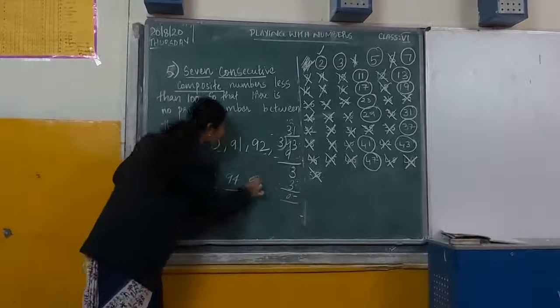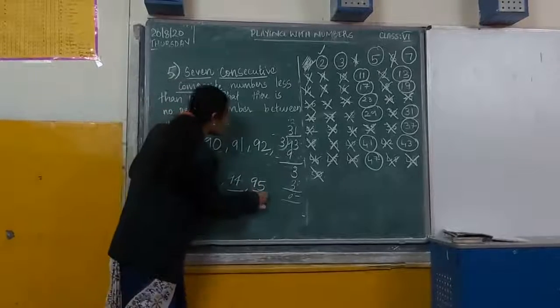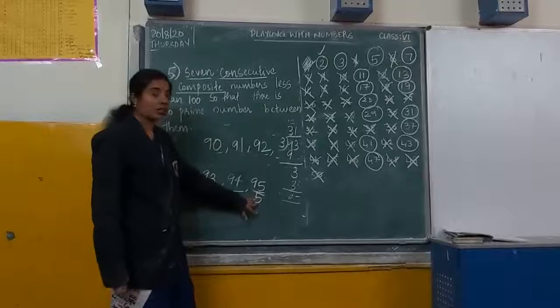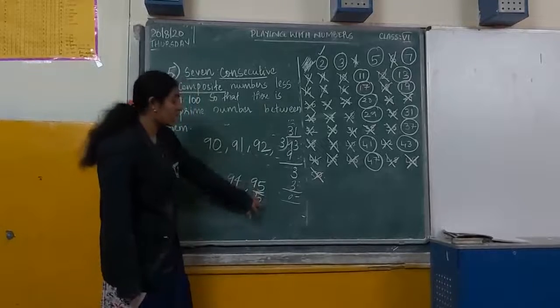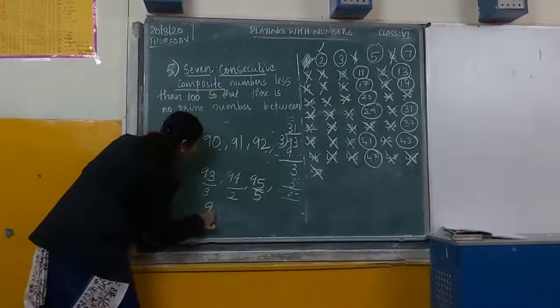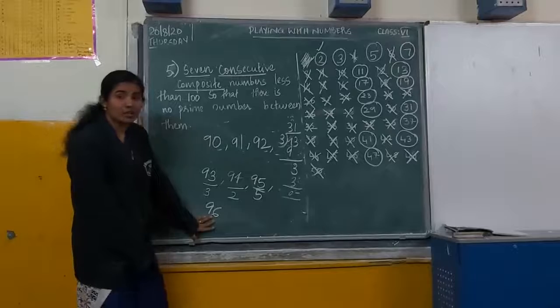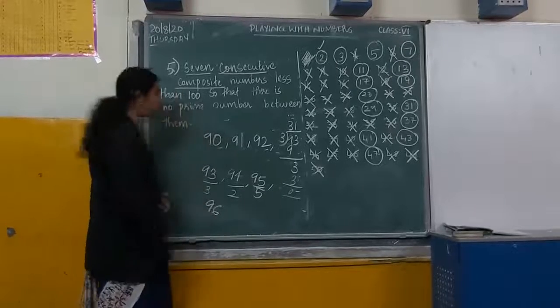What about 95? 95 is also divisible by 5. 95 is a multiple of 5, so 95 is a composite number. Last, 96. It's an even number, and an even number is divisible by 2, so this is a composite number.